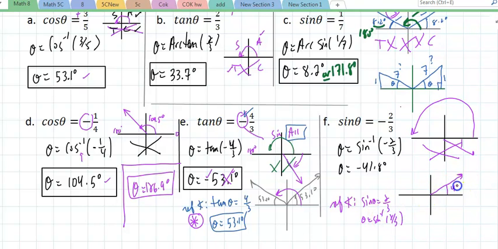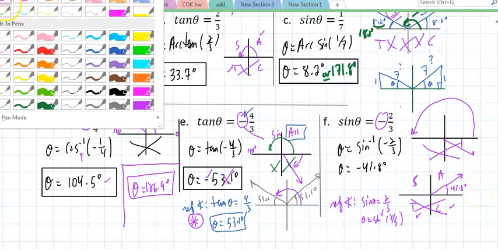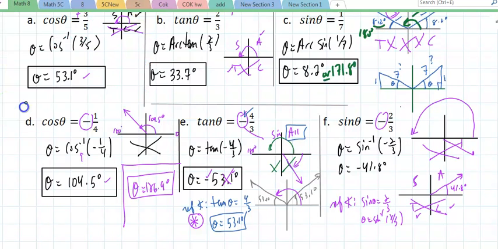That would be 41.8 degrees. Now, I can be in these quadrants. Where's sine negative? Sine is negative in quadrant 3 or 4. But since the domain doesn't allow me to be there, for this problem, I would say there is no solution.